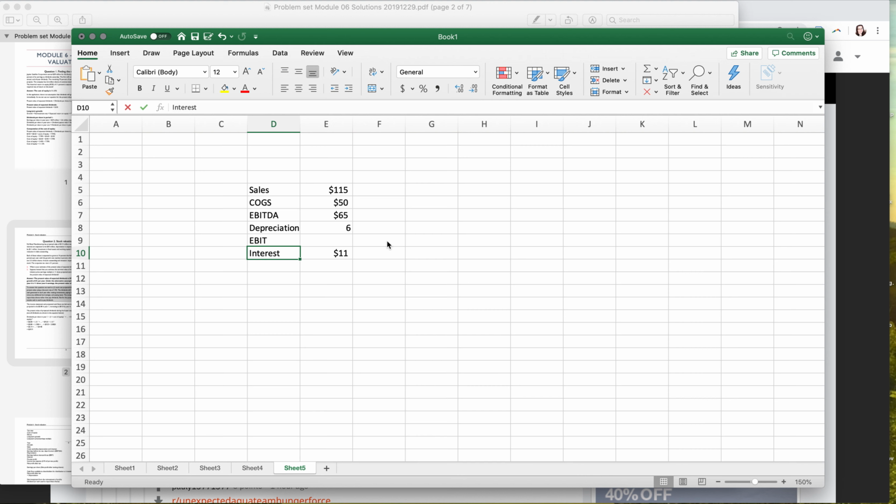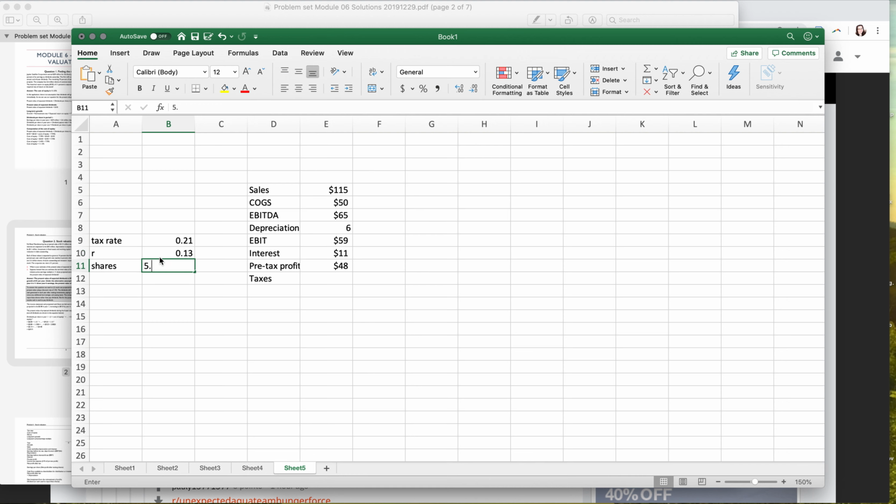So this gives us EBIT. This gives us pre-tax profit. We have to pay taxes on that. Let's put a tax rate. Make sure that's correct. Yeah, it is 0.13.